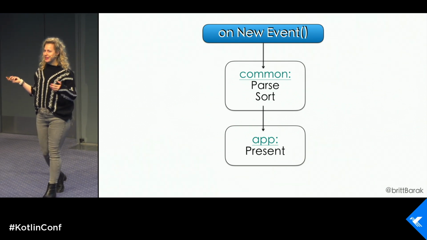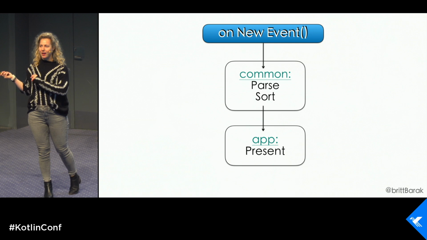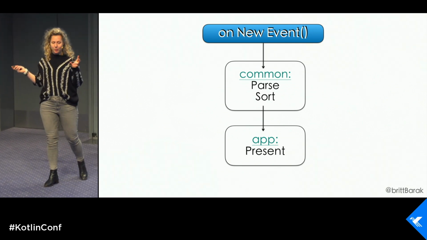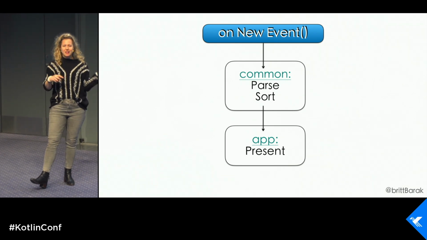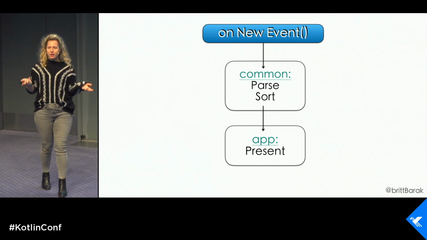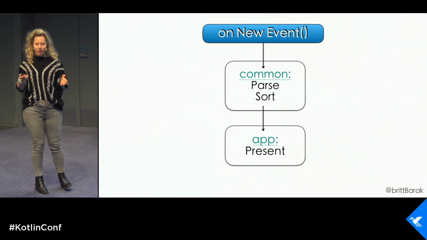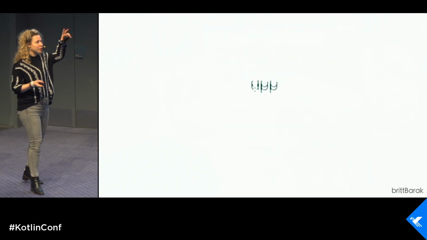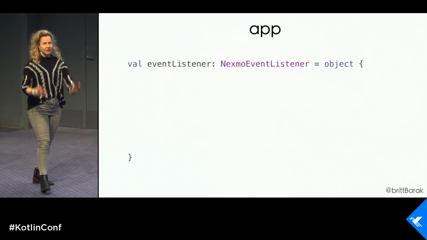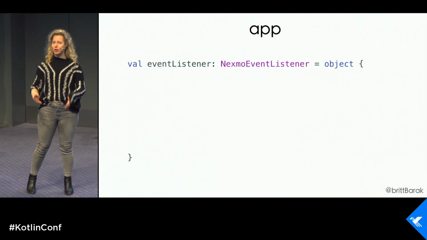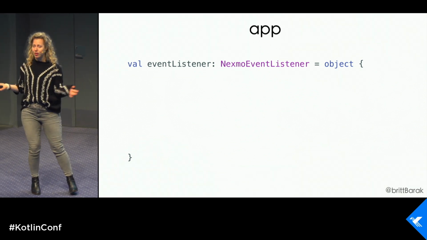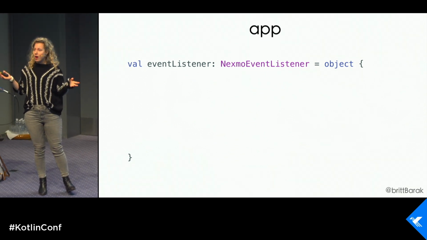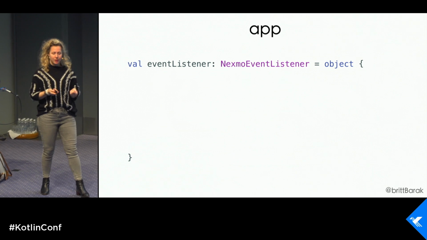We share code. It means that we have to be able to use it from any specific place that we want. So in this example that I showed before, you have the on new event callback, and then we have the common code, and then we have the platform-specific code. So the platform-specific code can just talk to the common code, use all the methods and do whatever it wants with it, as if it was just a part of that same library.